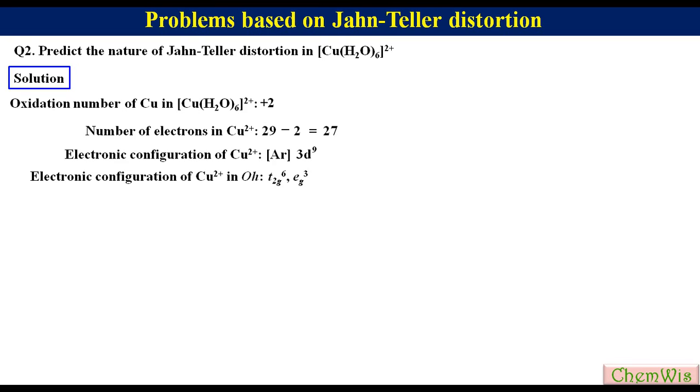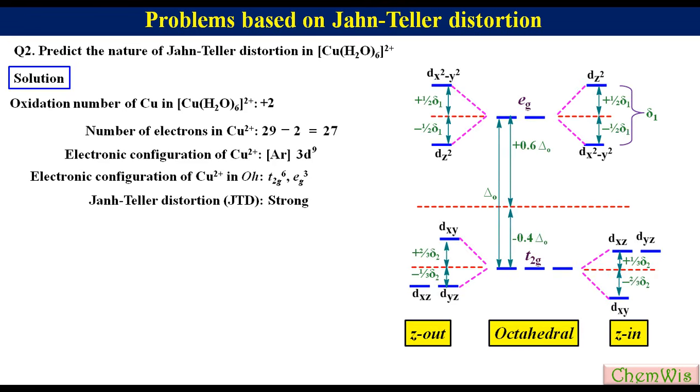Since it has unsymmetrically filled eg orbitals, it will have a strong Jahn-Teller distortion. This is the crystal field splitting diagram showing splitting of d orbitals in regular octahedral environment along with their splitting during Z-in and Z-out distortion.